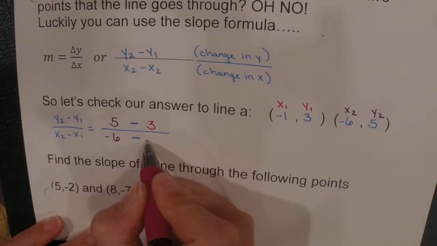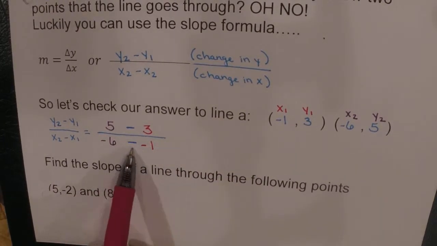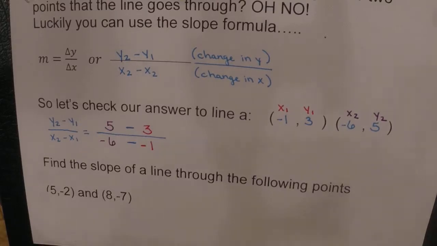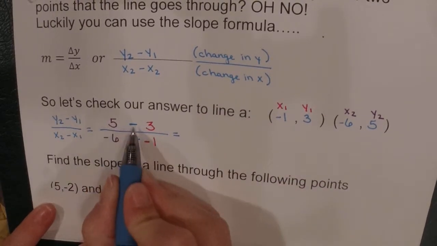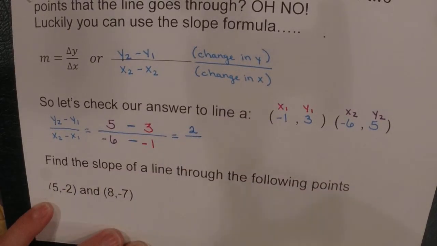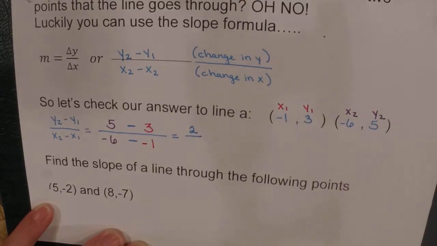Well, I still have to write -1. So notice we get this double sign here. This is okay. It's going to happen. So now we need to go through and solve. On the top, 5 minus 3 is 2. On the bottom, in case you're not good with double negatives, we have -6 minus -1, which is -5.